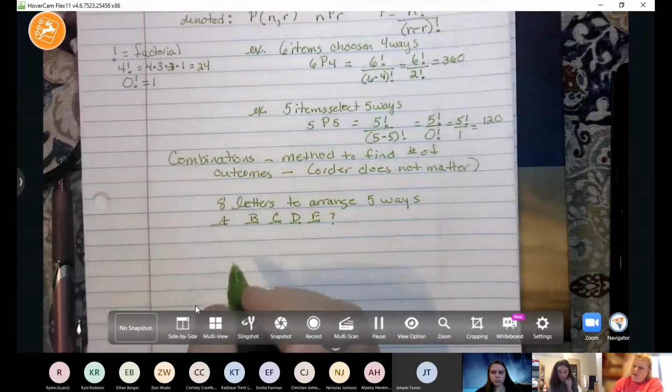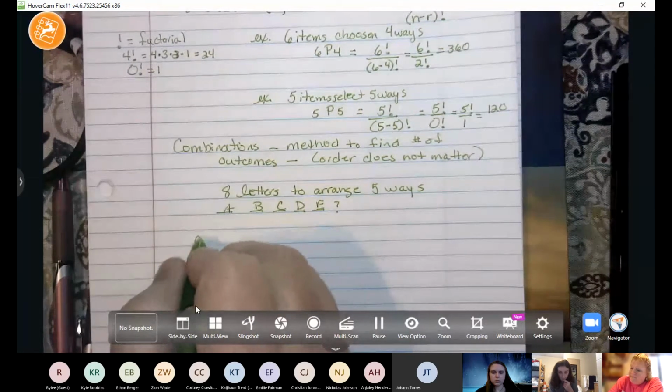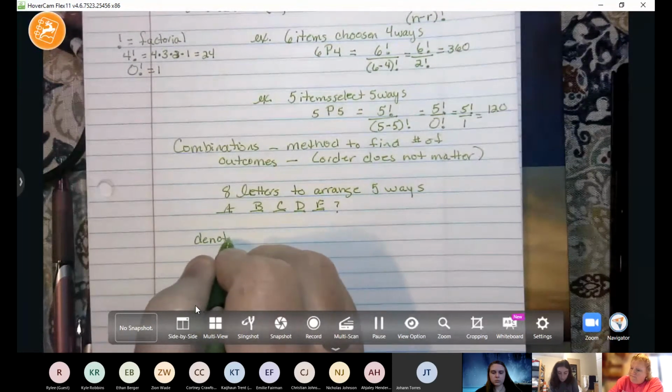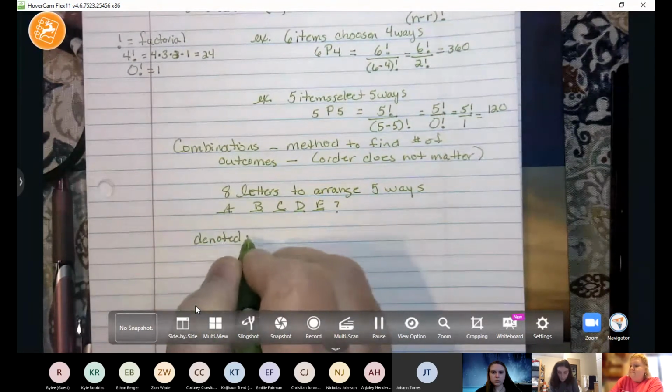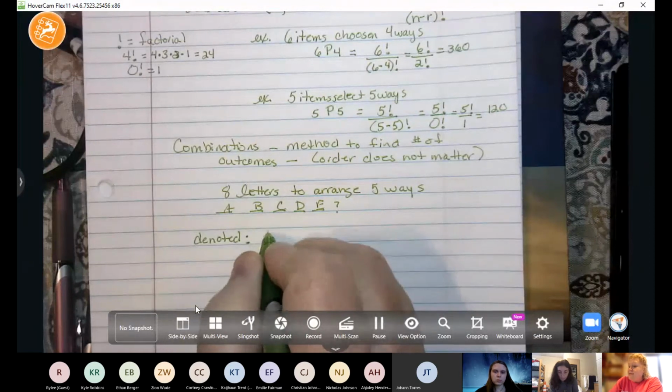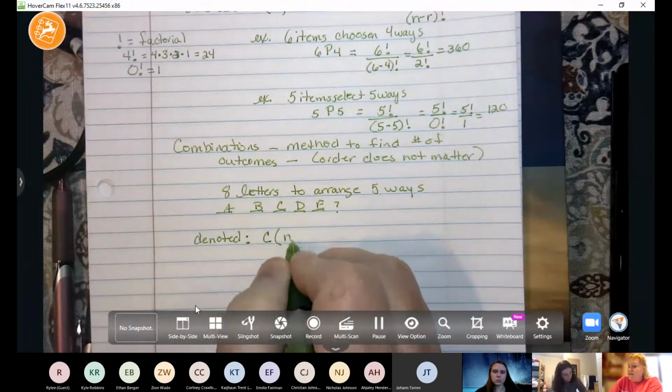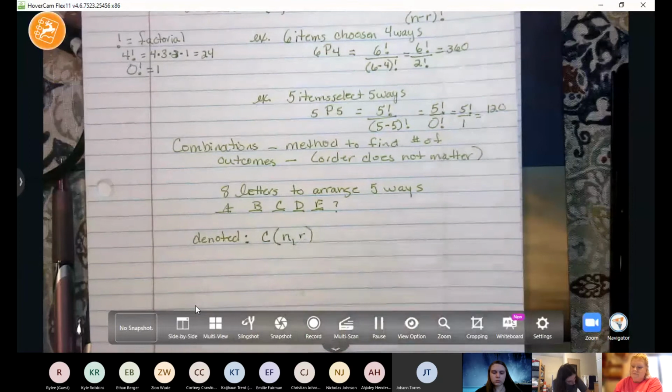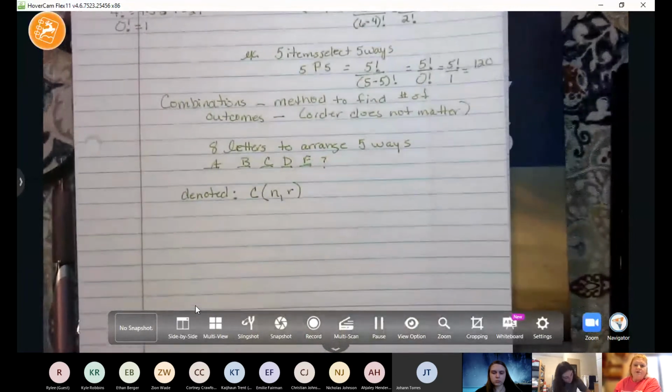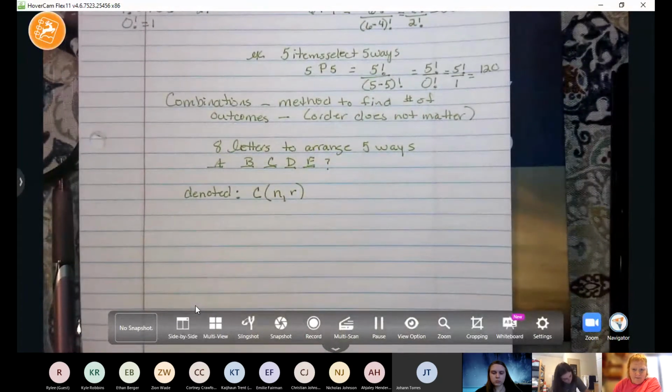For combination, we denote that as C, N, R. So it looks very similar to permutations.